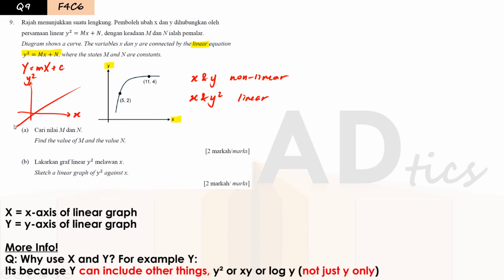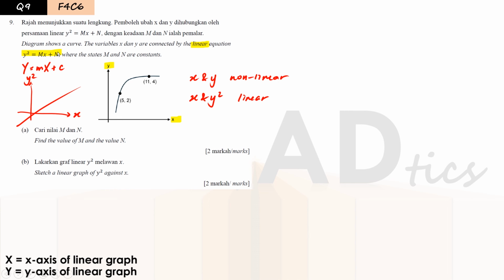For part A, we need to figure out the value of m and n, which is inside this linear equation. If we want to figure out two unknowns, we need to have two equations. So how do we find those equations? Let's go to the non-linear graph here. As you can see, we are given the coordinates of 2 points on this line.